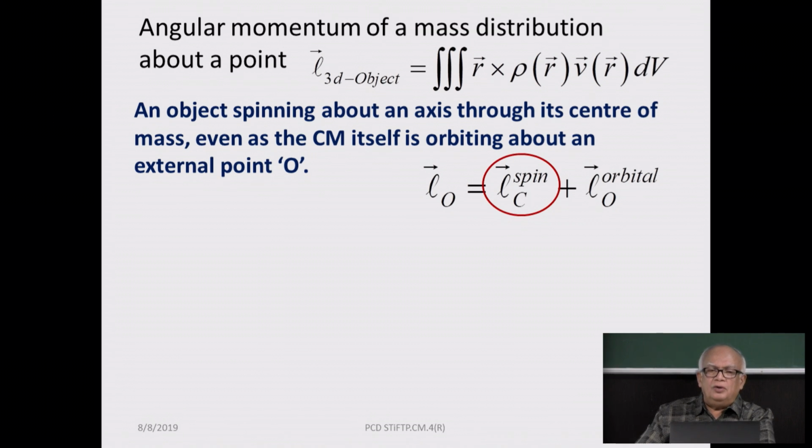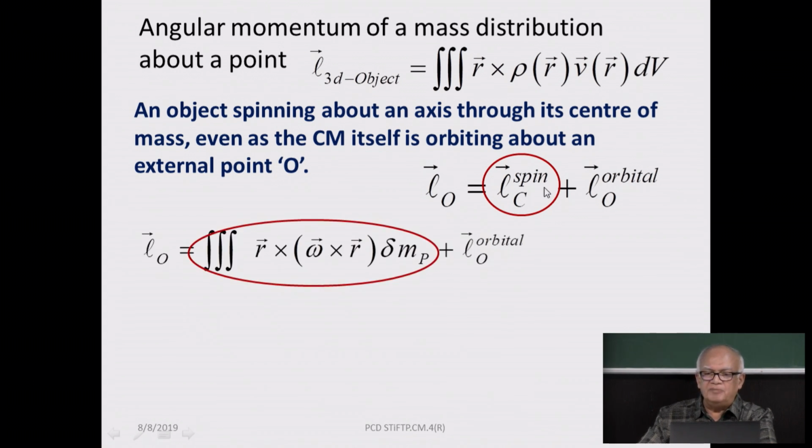So now you can split this total angular momentum into these two components, the orbital angular momentum and the spin angular momentum. And if you look at the spin angular momentum, you have this r cross v, from which you will get this r cross (omega cross r). So this is the spin angular momentum.